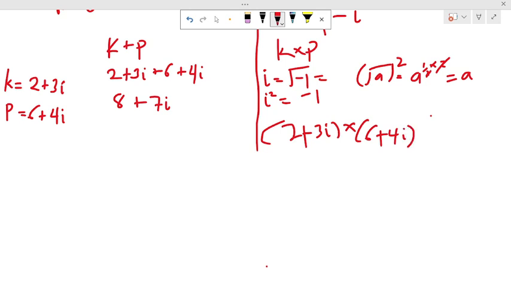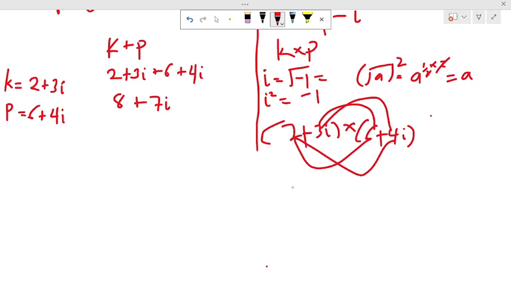So this follows the normal algebraic multiplication, but we should take note that i times i, that is i squared, will be equal to negative 1, because most of the time students make this mistake and it affects the whole calculation. And so for this, we are going to multiply 2 by the 6 and 2 by the 4i, and also 3i by 6, then 3i by 4i.